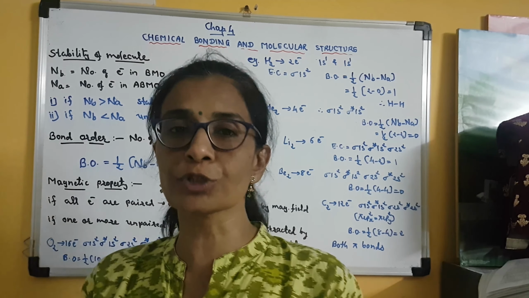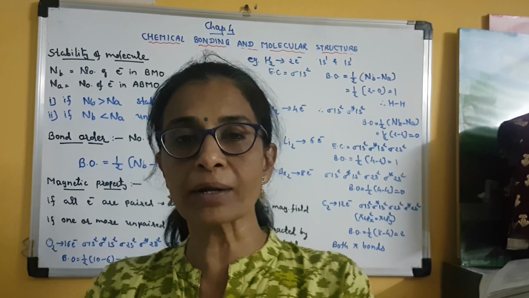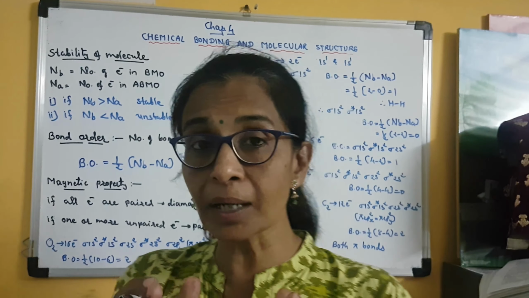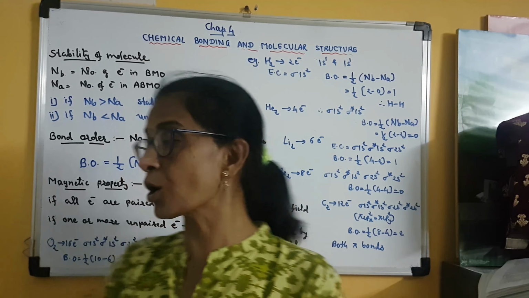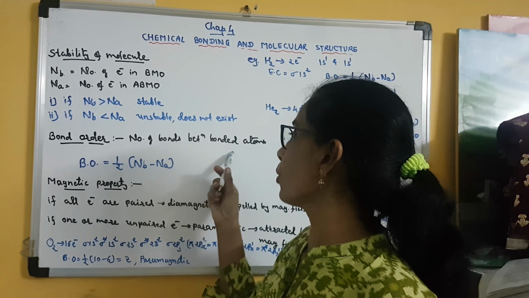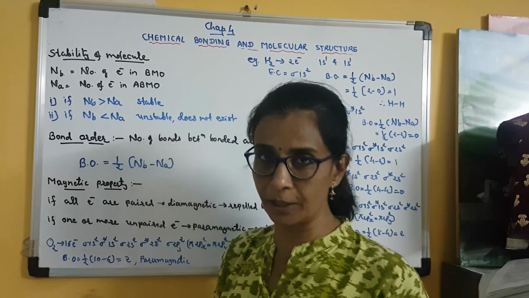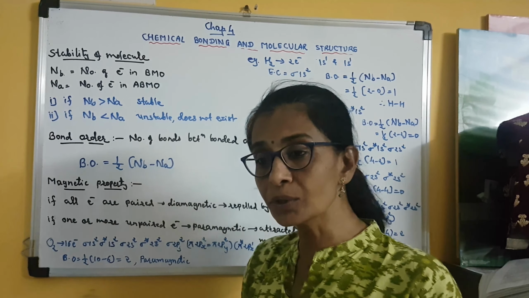If we take a hydrogen molecule, then between two hydrogen atoms there is a covalent single bond. Clear? So that number of covalent bonds present between the two bonded atoms is known as the bond order of that molecule. Clear? Now how to calculate?